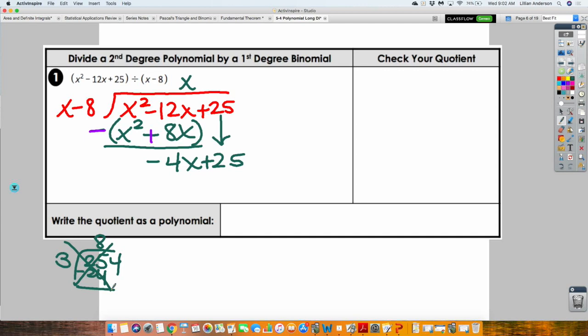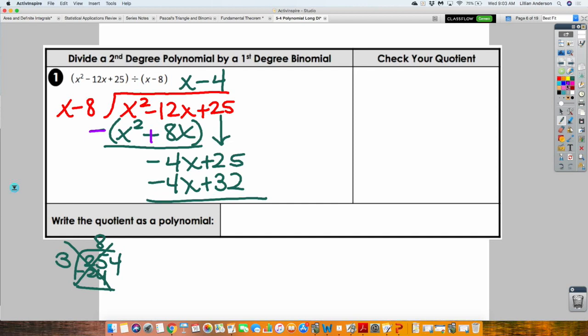So, we repeat the process. What times x gives us a negative 4x? Positive, negative? Negative. So we're going to line it up, constants over each other. Then we repeat the process. What's negative 4 times x? Negative 4x. What's negative 4 times negative 8? Positive 32. And then what do you do?